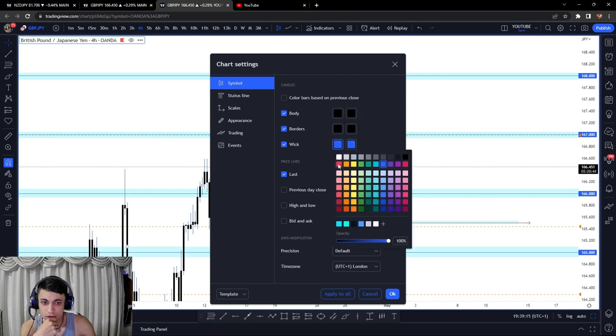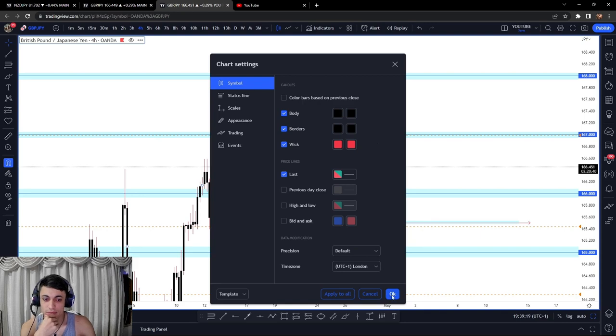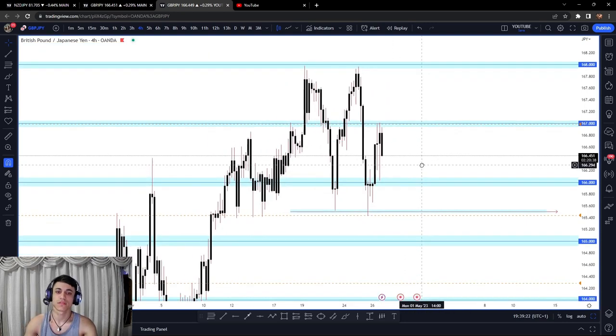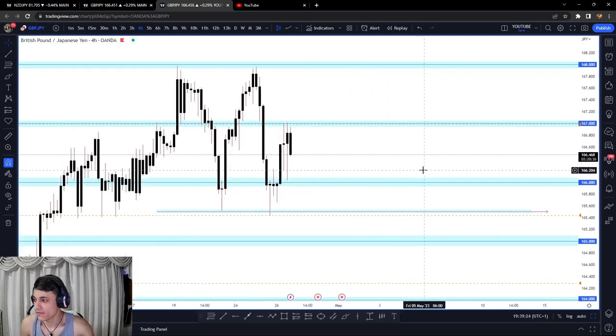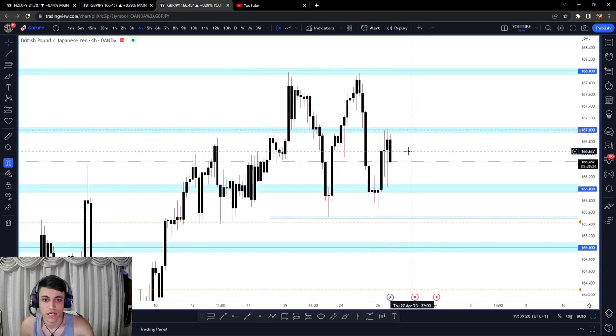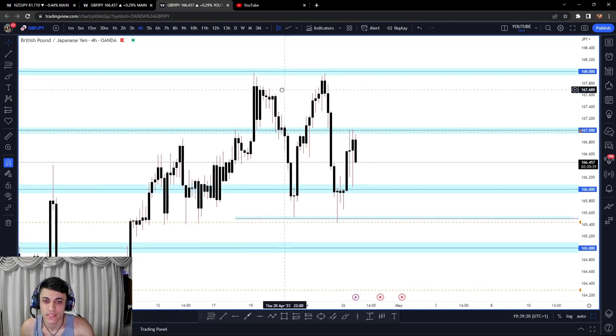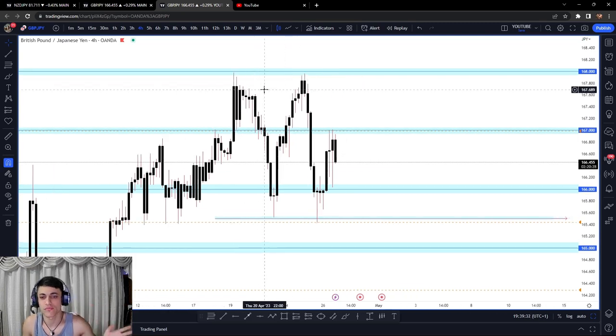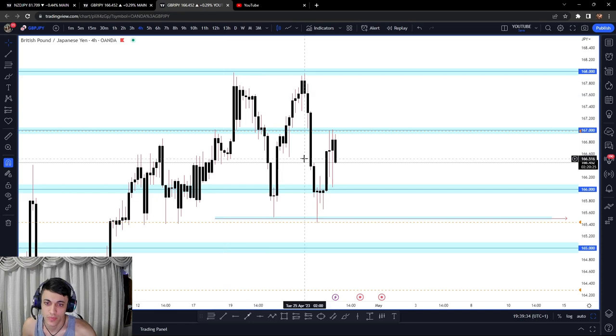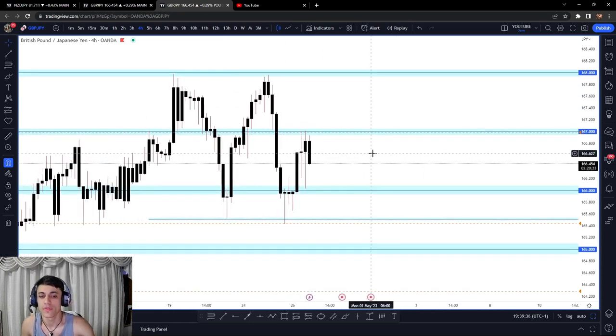You know what, for the sake of the video, let's make our wicks red. Boom. Now we can very much see the wicks. So color code your candles all in black and make your wicks red. Colors don't really matter, but for the sake of the video I'll be using red for the wicks and black for the candles.